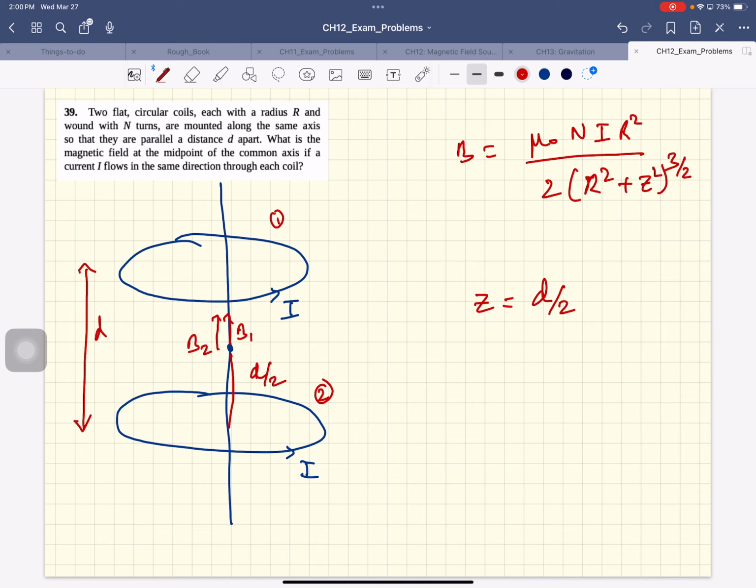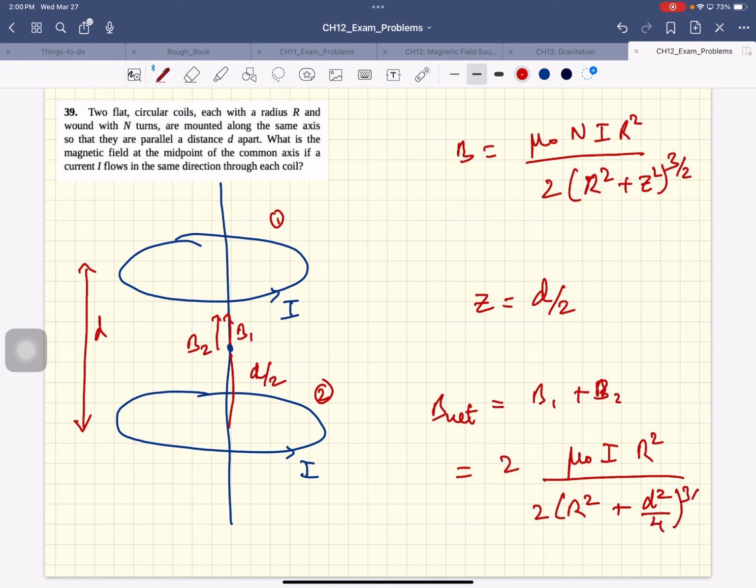And so the net field will be B1 plus B2, which will be 2 times, since in both expressions R is the same and Z is just D by 2, 2 times mu naught N I R squared over 2 times (R squared plus D squared by 4) to the power 3 halves.